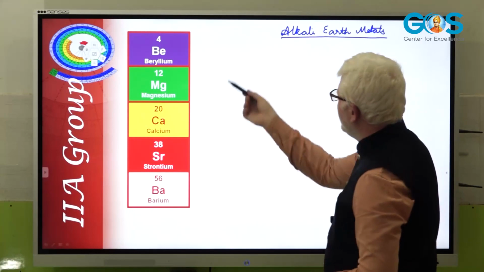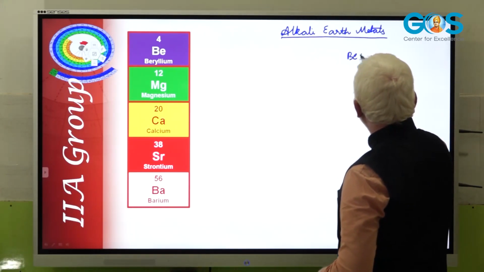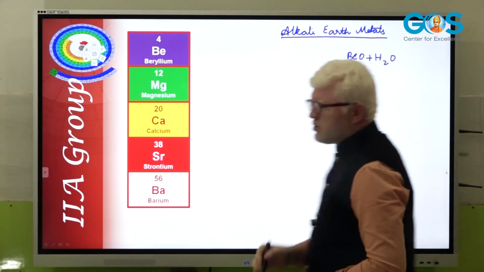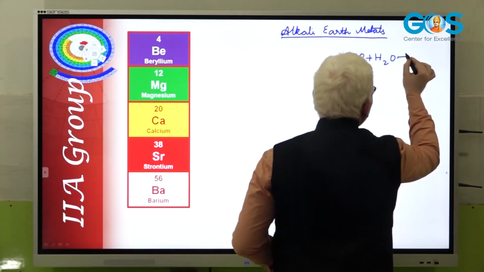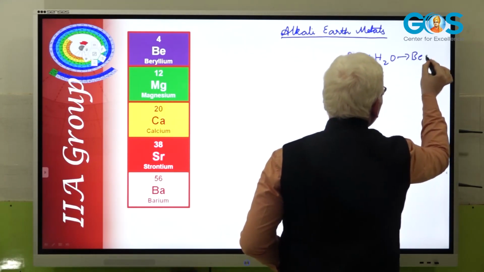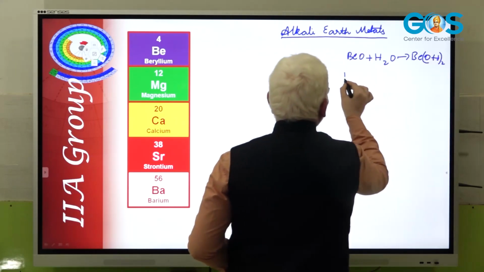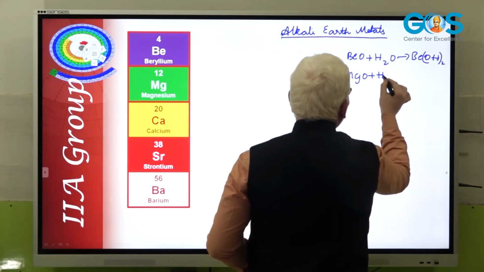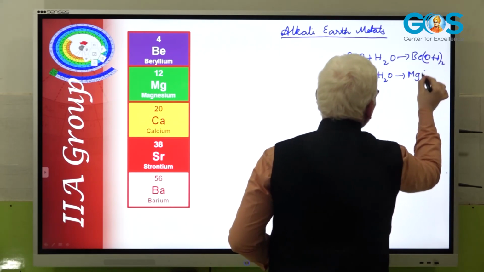For example, if you take beryllium oxide, BeO plus H2O gives rise to Be(OH)2. Next, MgO plus H2O gives rise to Mg(OH)2.